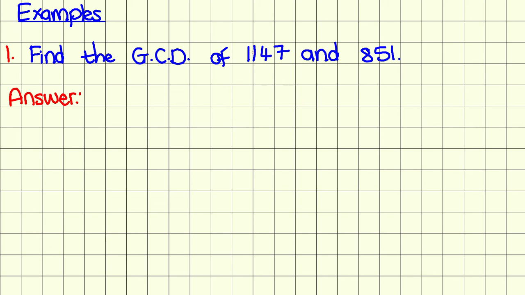We start with the largest number, 1147, and make this equal to something times your other number, 851, plus something else. So I'm going to stick a wee box in here: something times 851 plus your wee remainder. That's how we always get this started.